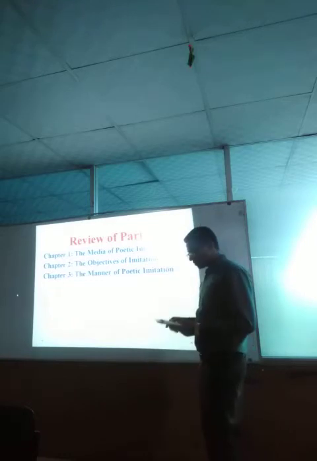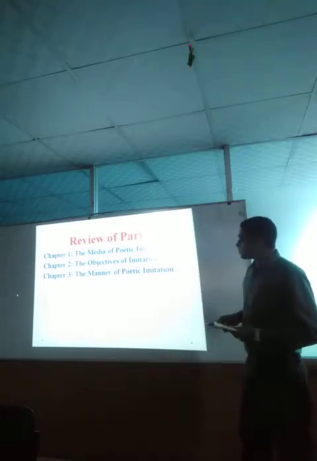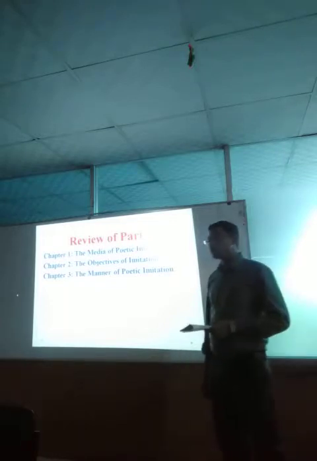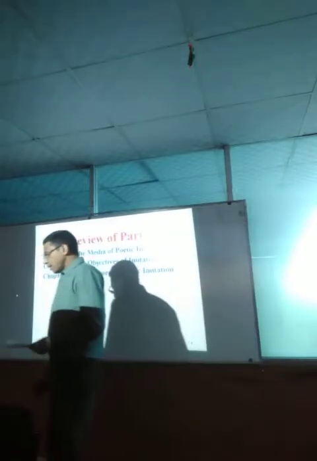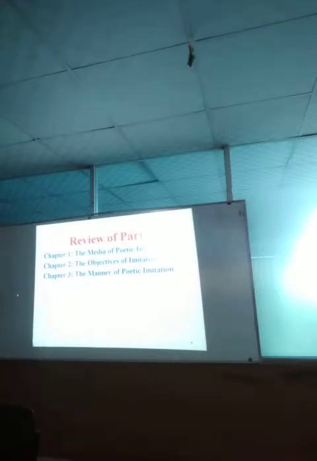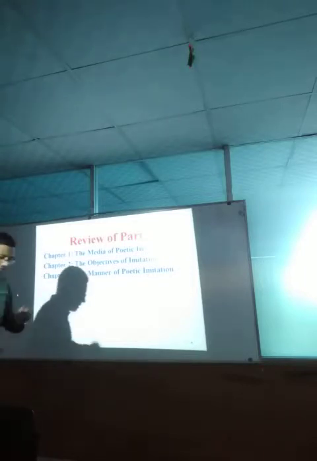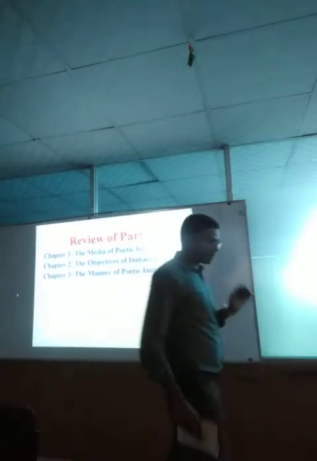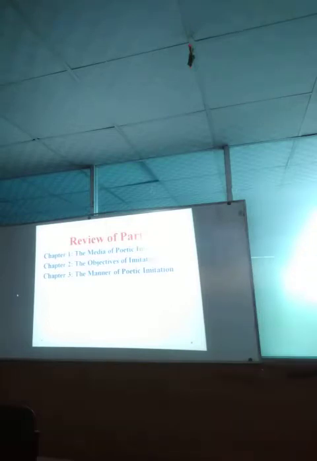The second one is the object of imitation. What are the objects? All the writers, all the poets, all the authors categorize the whole world's people into two segmentations. One is good, another is bad. So the objects of poetic imitation are characters who are either good or bad.